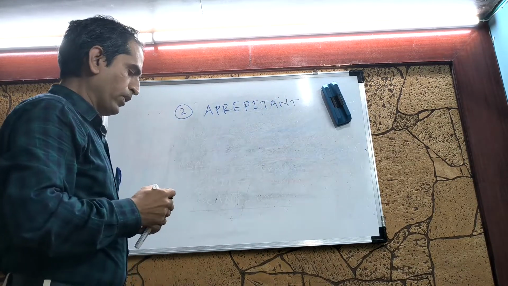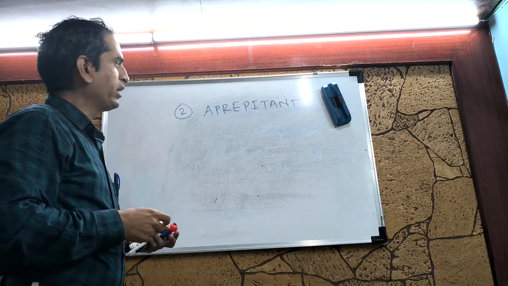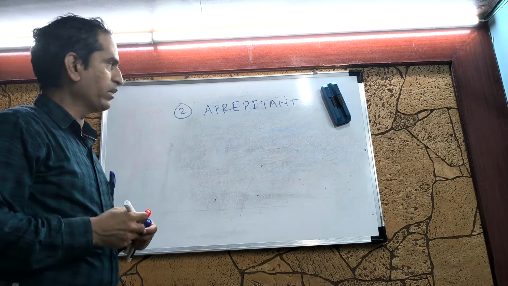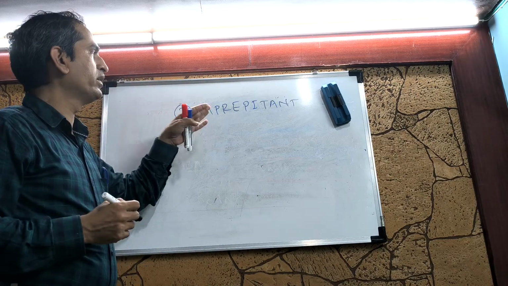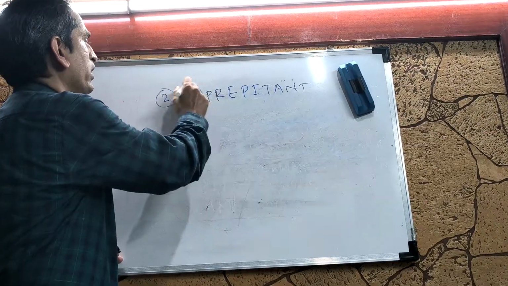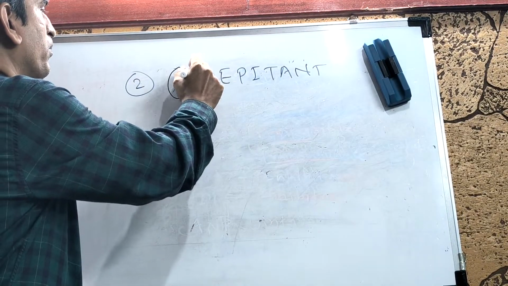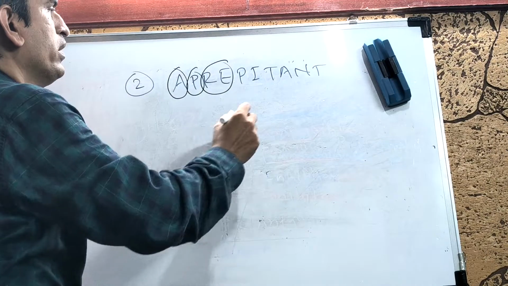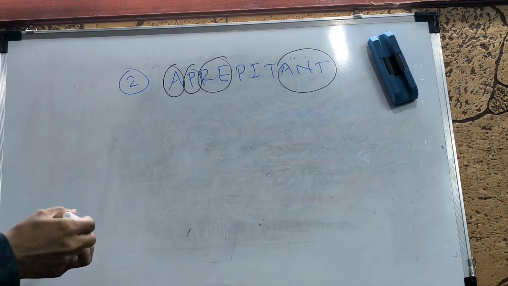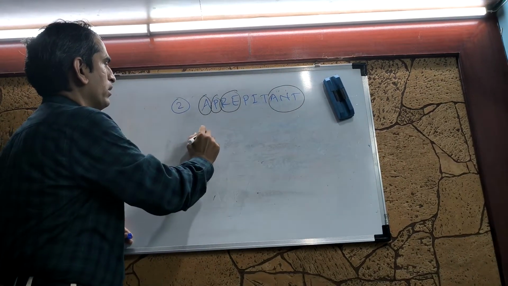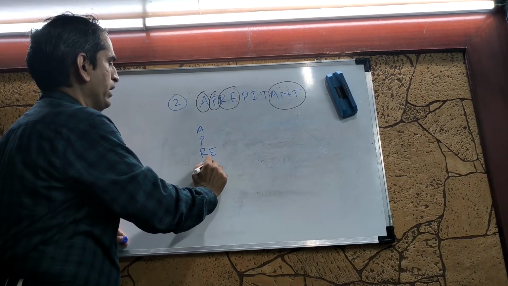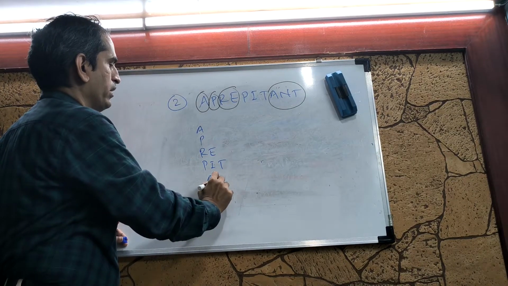Again, if I want to understand how the drug works, this is another example where the mechanism of action is hidden in the name itself. So here I will mark A, P, R, E and A, N, T. Now I'll write this word again: A, P, R, E, P, I, T, A, N, T.